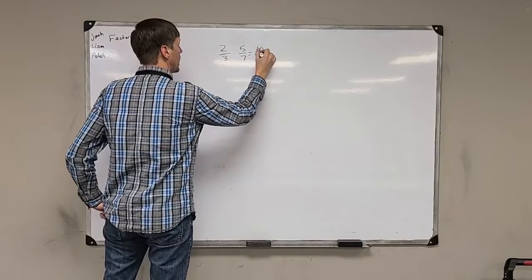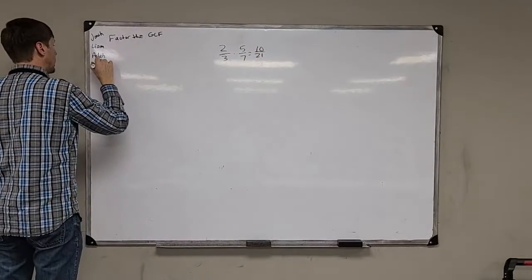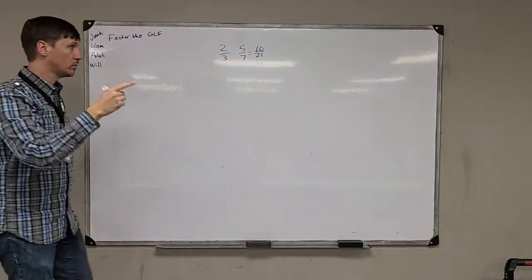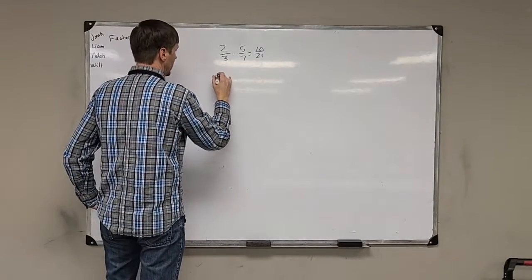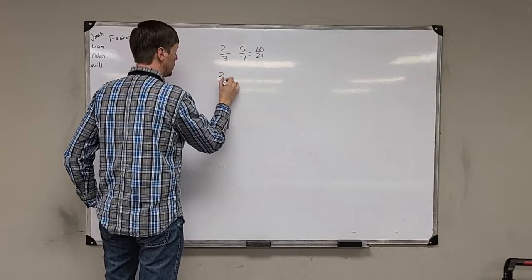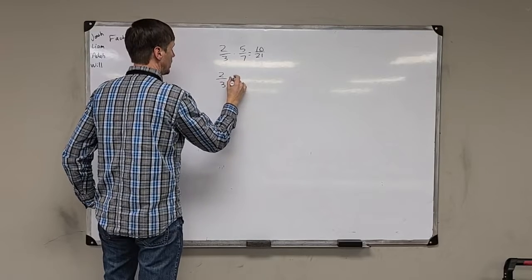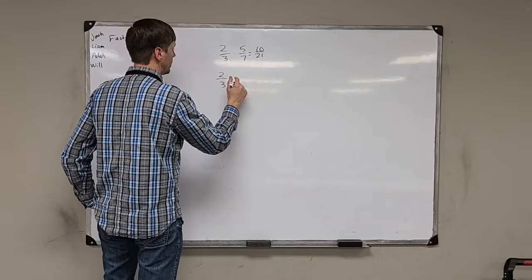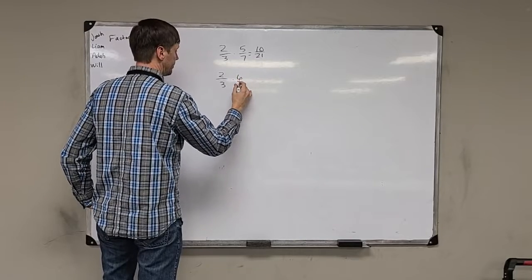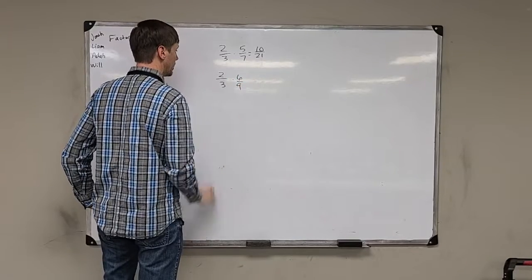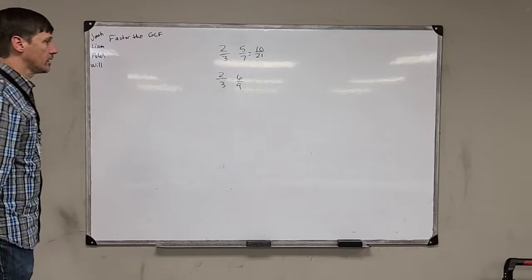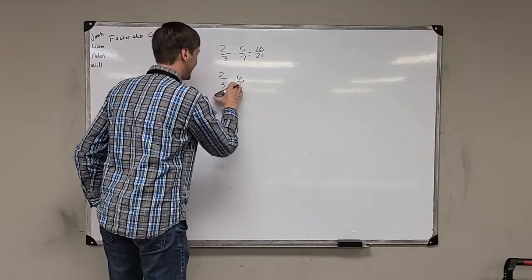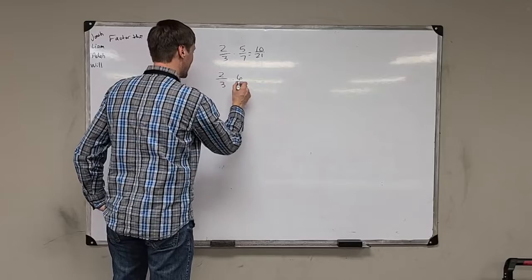So you have to multiply the top and you have to multiply the bottom. Now what Alexa was thinking was if you had something like 2 over 3 times 6 over 8, let's do that.